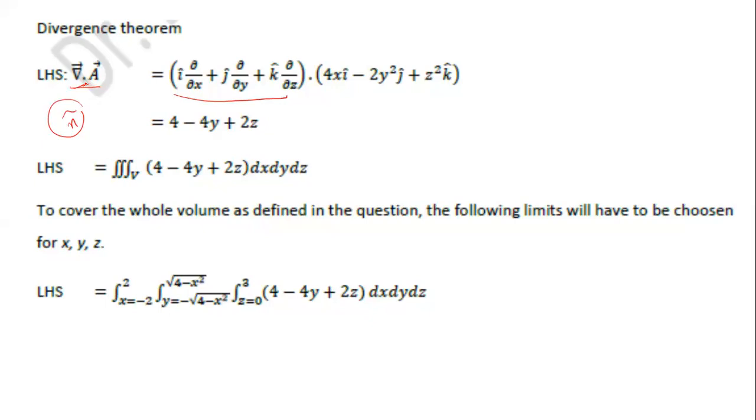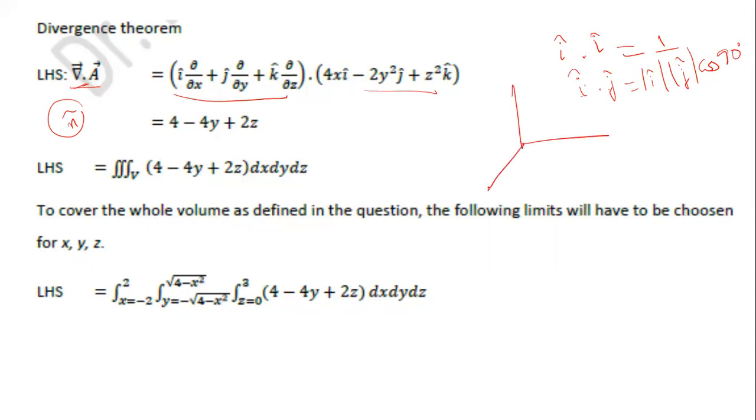So divergence of A, this is a vector A, so i dot i cap is 1, because we already know it, right? The dot product between the same vector is 1, because the magnitude is 1, and cosine of the angle between them, cos 0, is 1. But if you take i dot j, the magnitude of i is 1, the magnitude of j is 1, and the cosine of the angle between i and j, because they are orthogonal vectors, is cos 90 degrees.